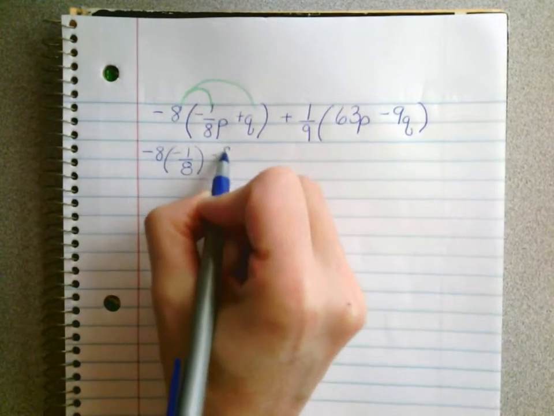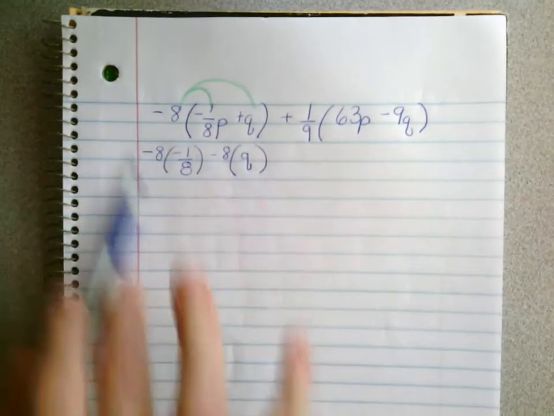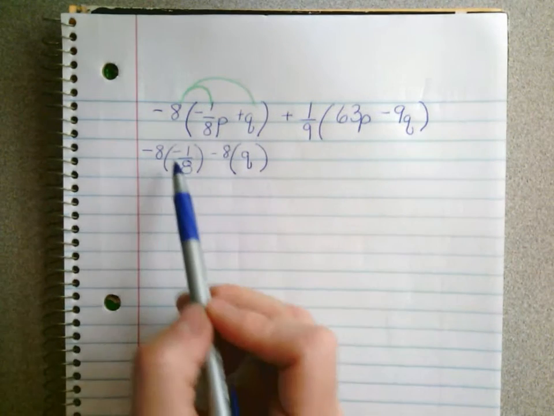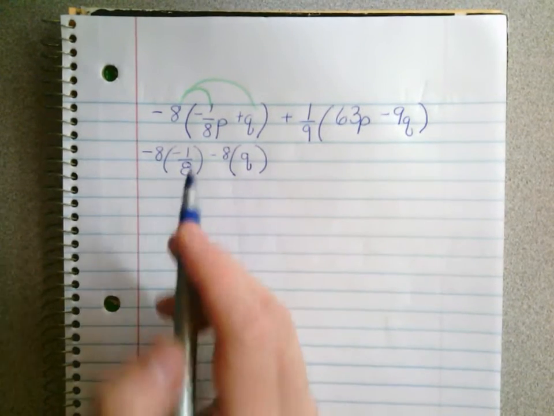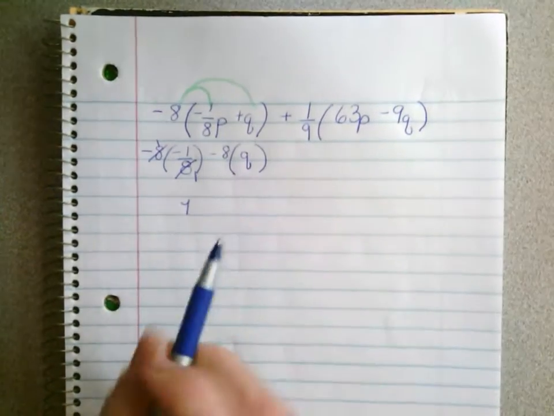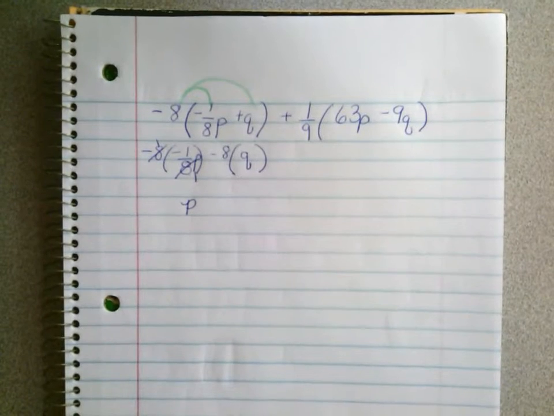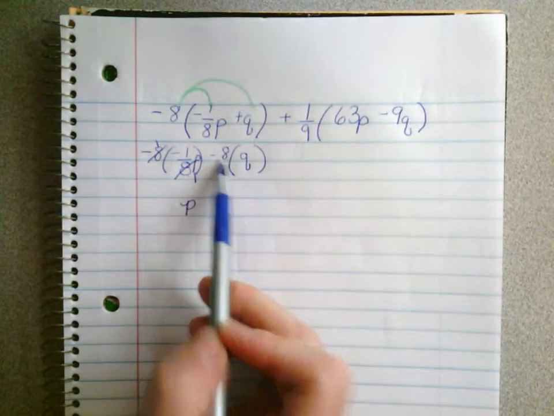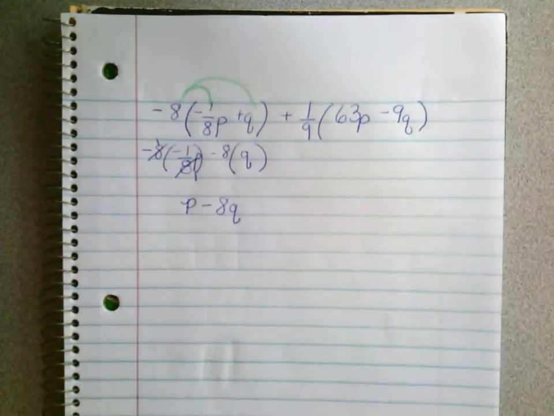And we've got negative 8 being multiplied by positive q. I'm working this left side. The first piece, negative 8 multiplied by negative 1/8, is how much? 1. It reduces, so it's just 1p. Next thing, is there anything that can reduce? Nope. So p minus 8q, would you agree with me that we have that piece done?